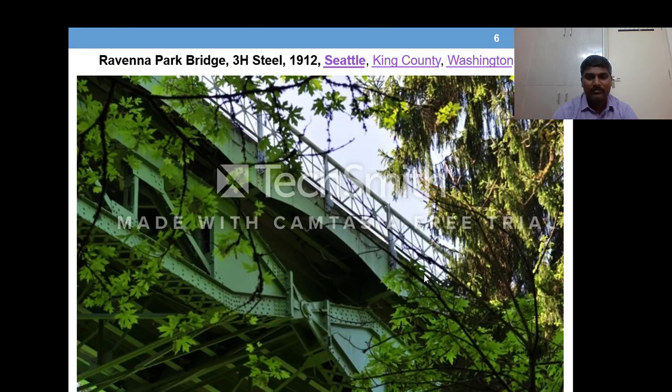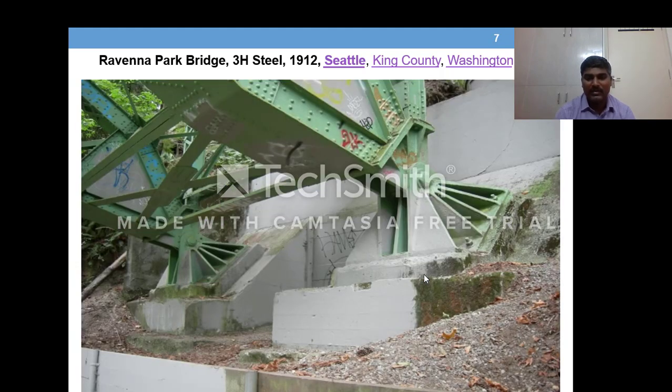And this is another example of a three hinged arch where the middle hinge can be seen, which is a steel bridge. It's the Ravenna Park bridge in the USA, which is a three hinge steel bridge. Similarly, you can see the hinge at the end of the arch, the same bridge.